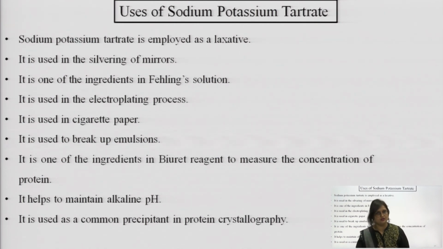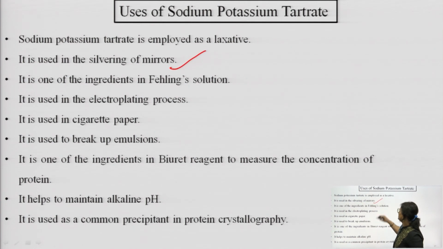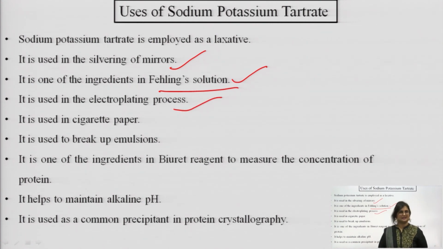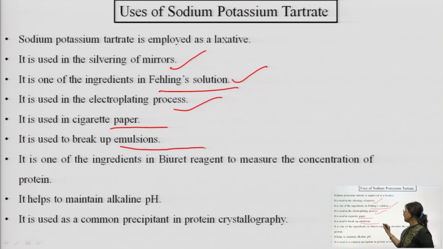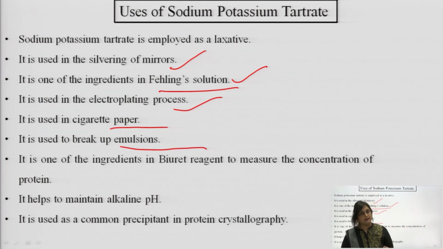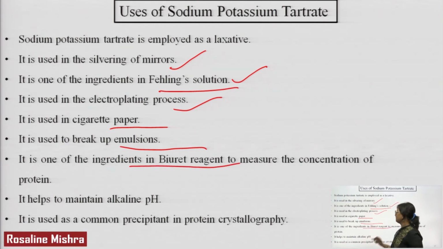It is used in the silvering of mirrors and as one of the ingredients in Fehling's solution for carbohydrate determination. It is used in the electroplating process, in cigarette paper, and to break up emulsions. It is one of the ingredients in Biuret's reagent for protein determination.